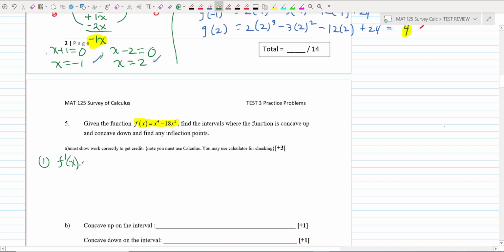So f prime of x on this is going to be 4x to the third minus 36x. We don't want to do anything with setting that to 0 because we're moving straight onto the concavity. So if you do your second derivative now, you're going to get 12x to the second minus 36.